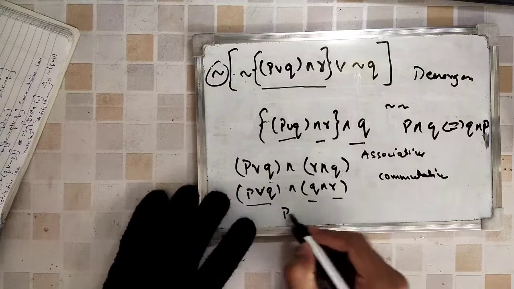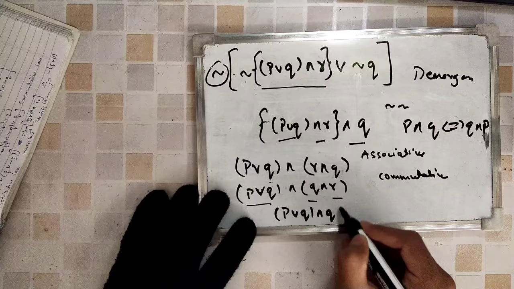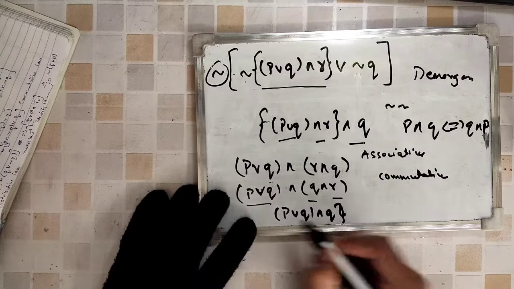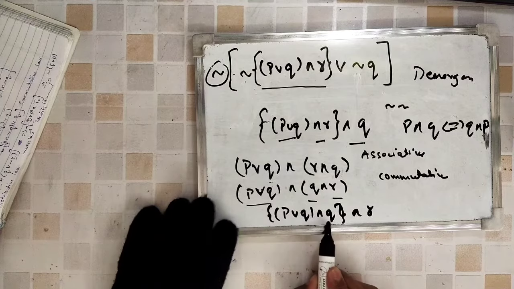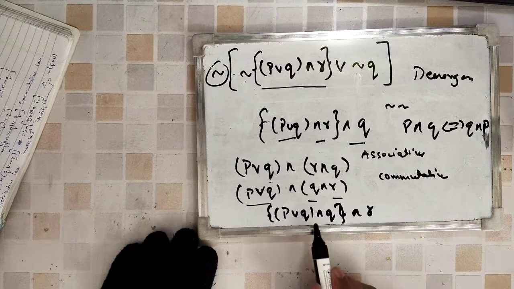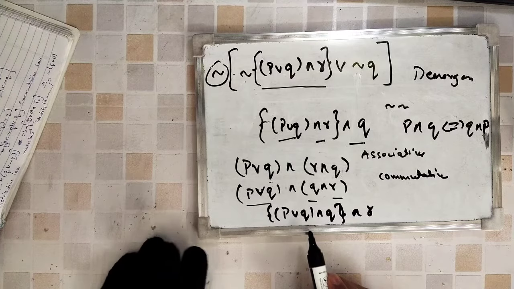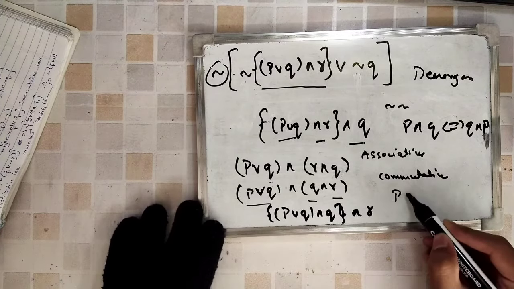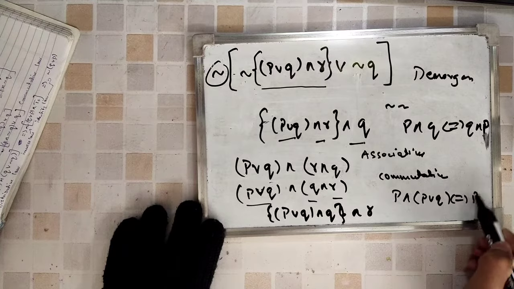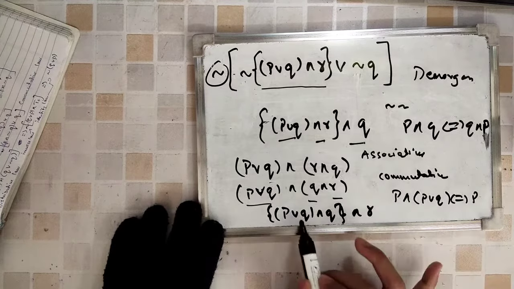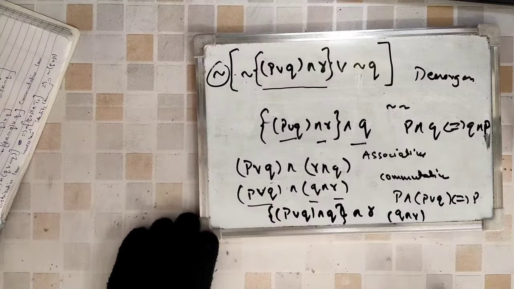So this becomes (P or Q and Q), this whole thing, and R. Here P or Q and Q is the same as the absorption law, where P and (P or Q) is logically equivalent to P. The only difference is we have Q instead of P. So it is nothing but Q and R now.